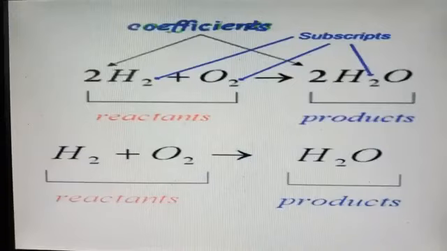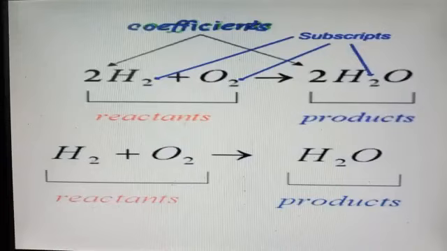Coefficients you can see here. In front of H2, what is there? 2 is there. So a 2 in front of a molecule is a coefficient. 2H2 means 2 molecules of hydrogen.